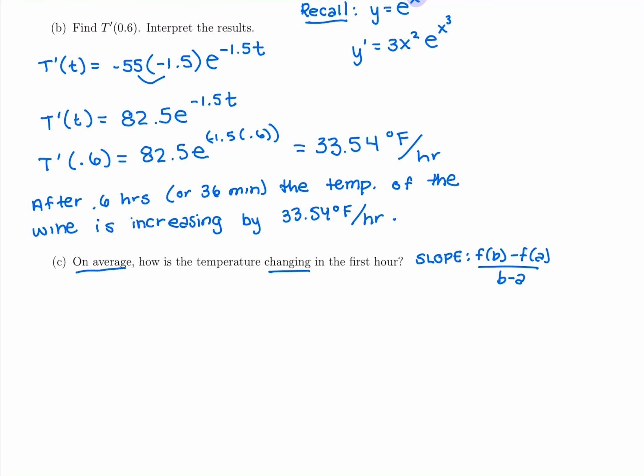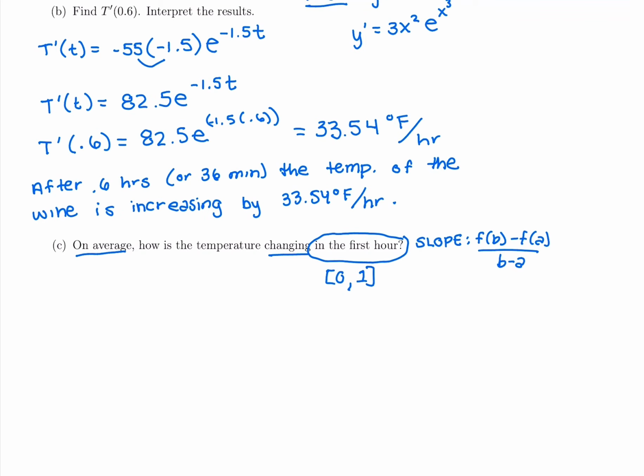This just says in the first hour. So what interval is that on? That is on the interval from 0, the moment we arrive, to 1 hour in. How fast on average is the temperature changing? So we are going to plug in the temperature after 1 hour minus the temperature when we arrive over 1 minus 0 hours.